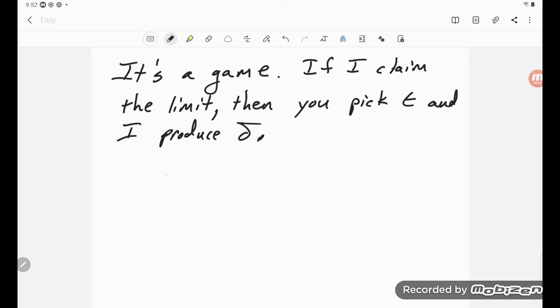Suppose I want to claim that the limit as z goes to 1 plus i of 2z is equal to 2 plus 2i. As you look at that, it looks like yes, it ought to be, right? Because if I plug in 1 plus i into 2z, I get 2 plus 2i.